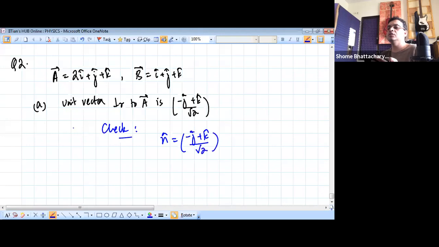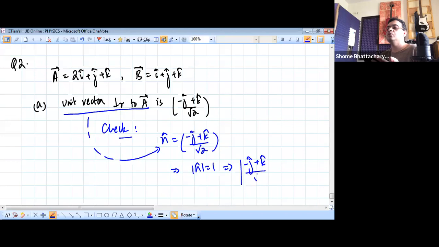So since this unit vector should be perpendicular to A, that means two things. One is it's a unit vector, so its magnitude should be 1. So let's check mod of minus j cap plus k cap by root 2 is how much? It is square root of 1 square plus 1 square by root 2. So that's 1. So that's fine. It's a unit vector.